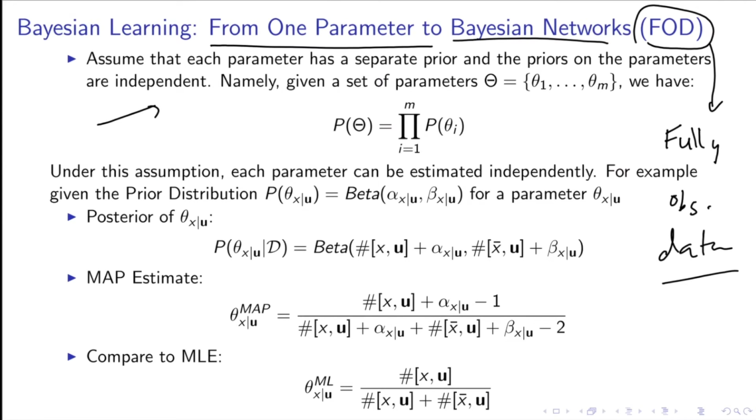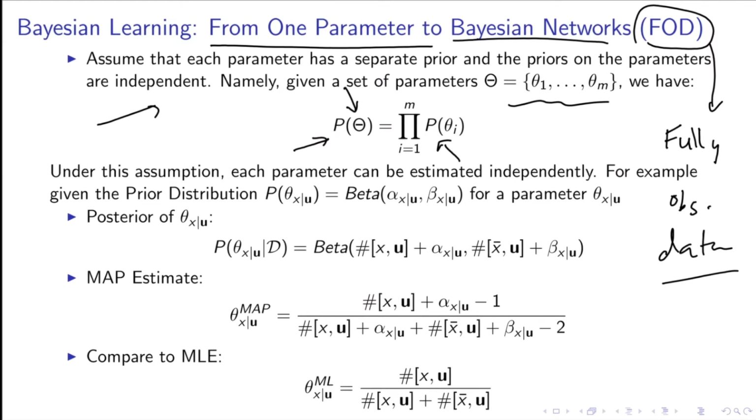Let's say your Bayesian network has a set of parameters from theta 1 to theta m. Then the prior over all the parameters, which is represented by this set big theta, is equal to the product of the priors over the individual parameters. Why can we do that?